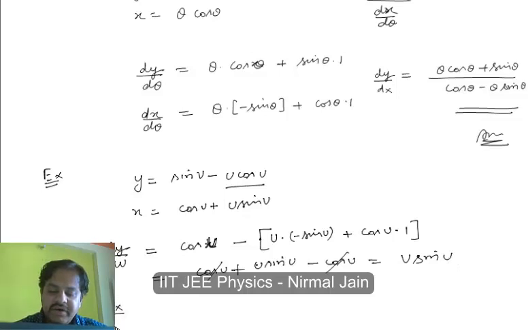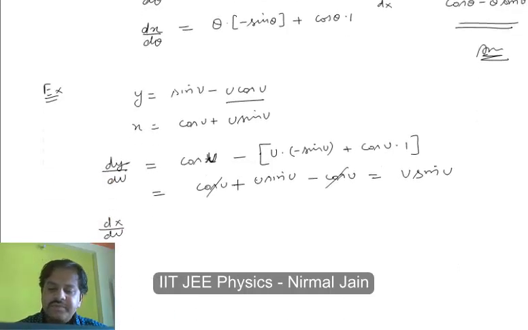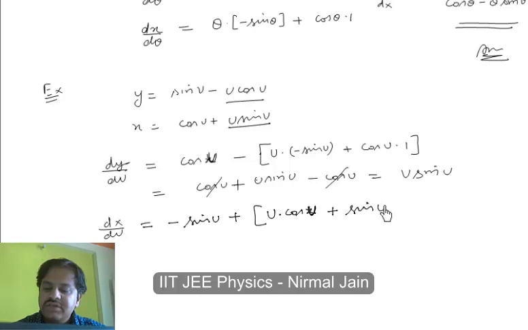Similarly, for dx/du, cos u gets differentiated to minus sin u, plus u sin u: u as it is, sin u differentiated to cos u, plus sin u as it is, and u differentiated to 1. So this is minus sin u plus u cos u plus sin u.